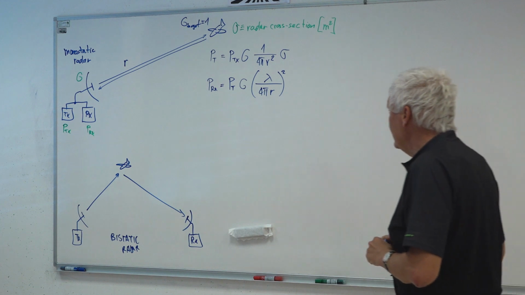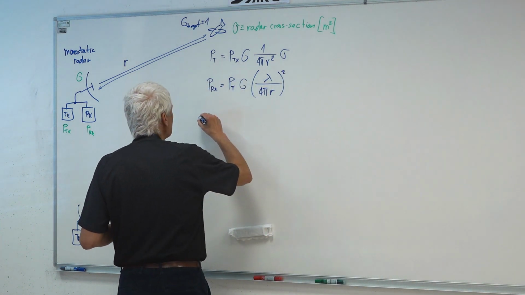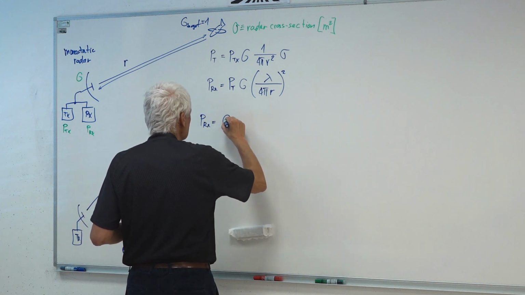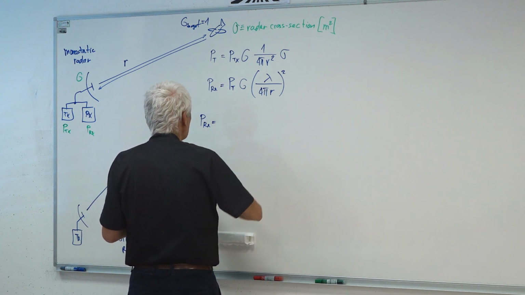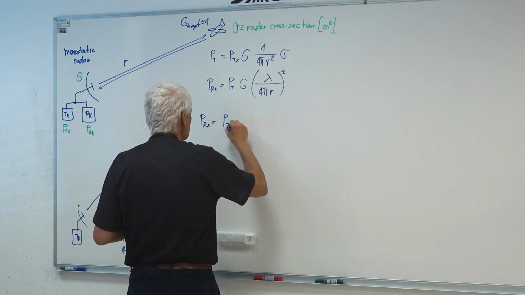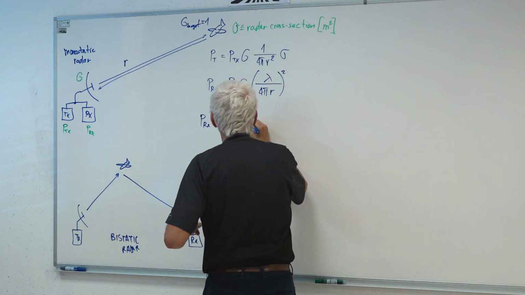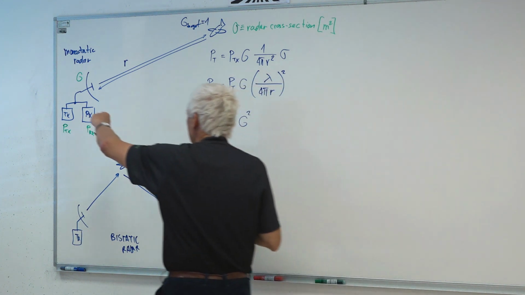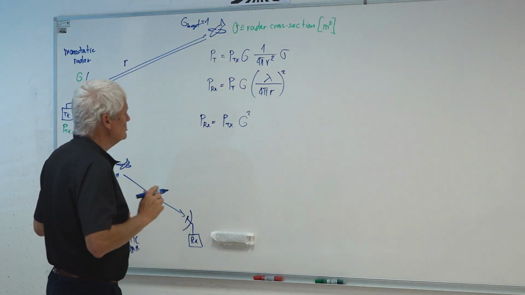And now we can make the whole calculation. So what is the received power? It is now the transmitted power, the power of the transmitter. We have G squared, because the gain of the antenna accounts both in the transmission and in the reception. So G squared.